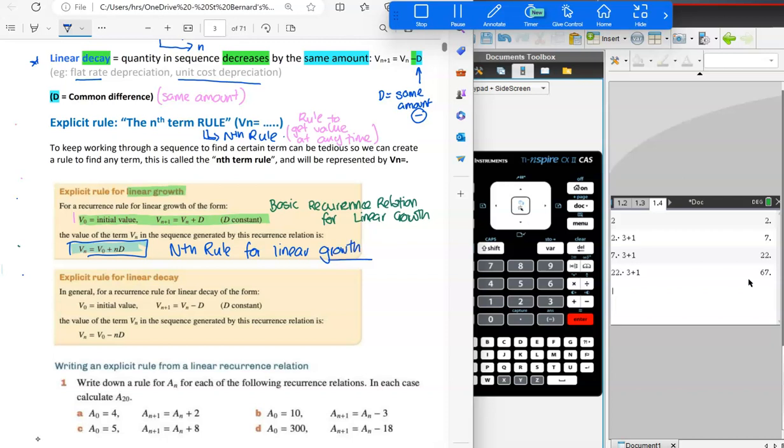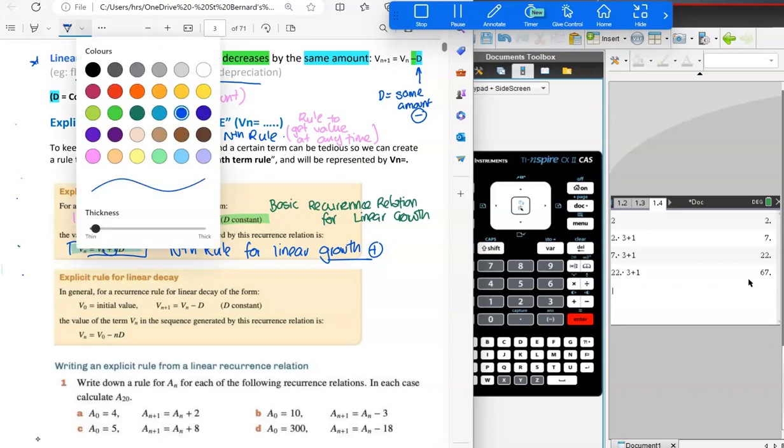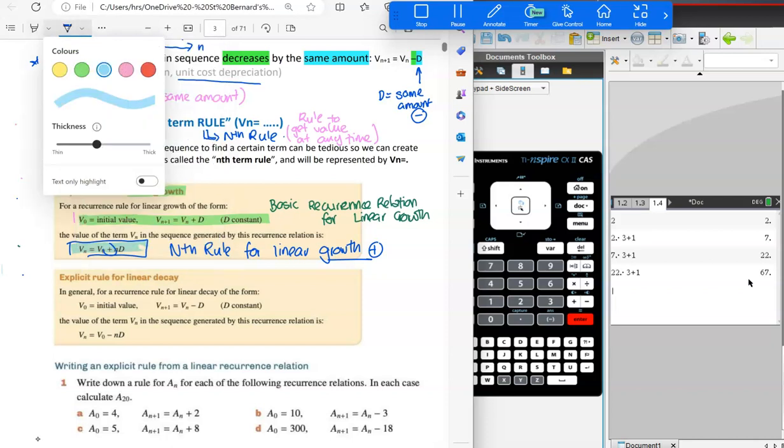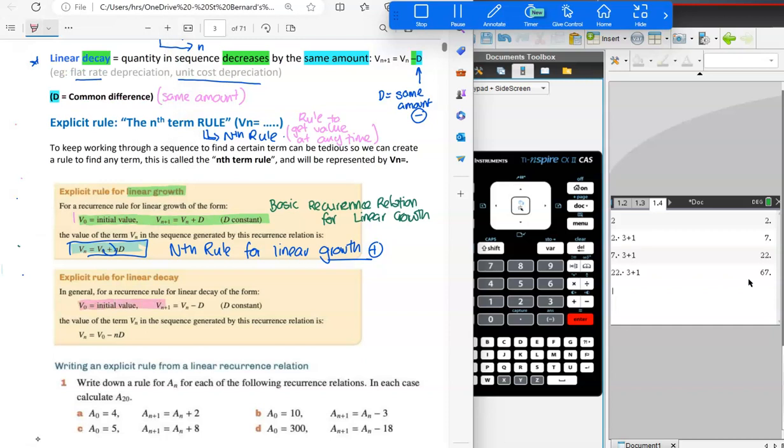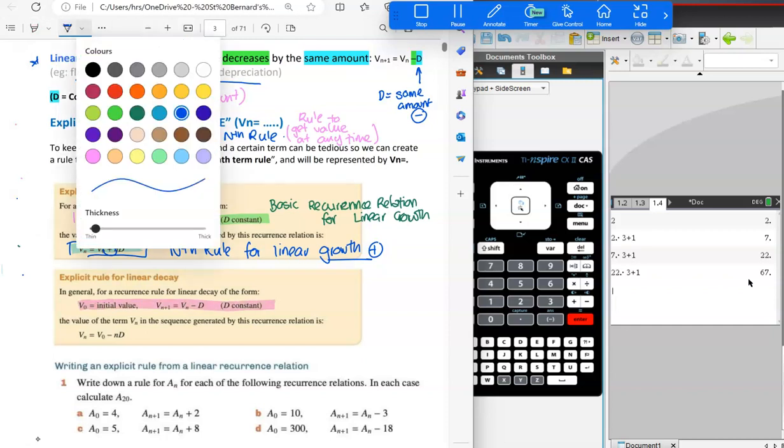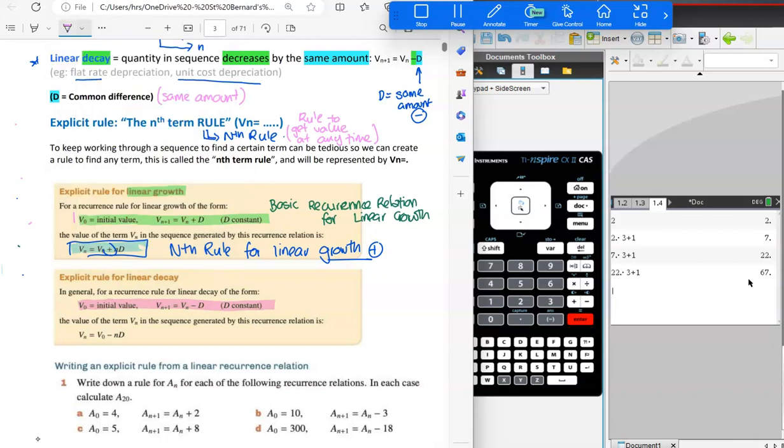So you can see the growth is the plussing. So you can see there's a plus in there. Okay, and then obviously if you look at the one underneath, here this is the rule for linear decay, the recurrence relation.